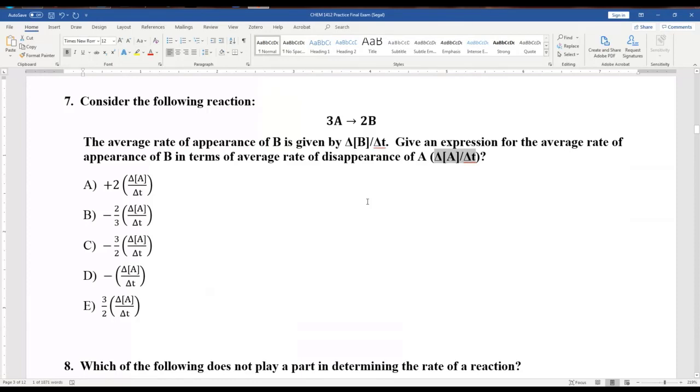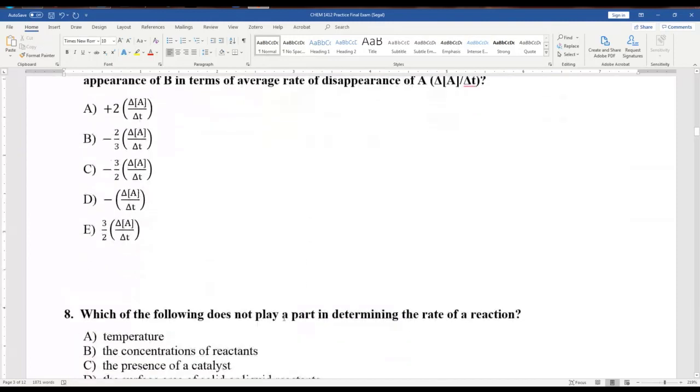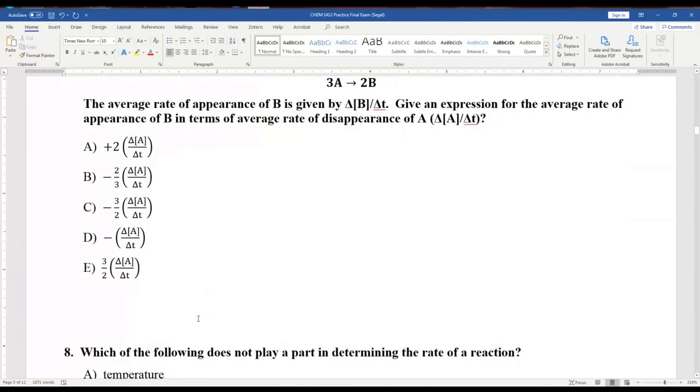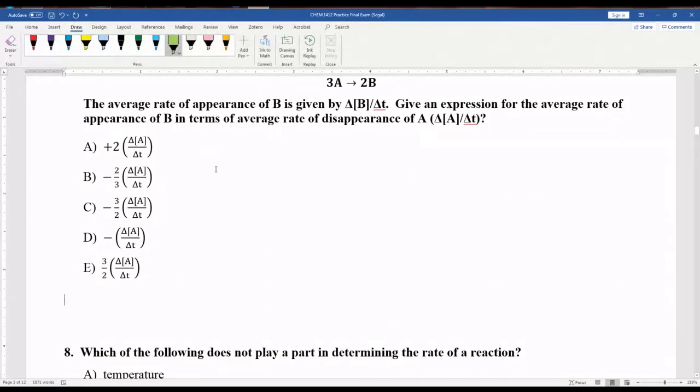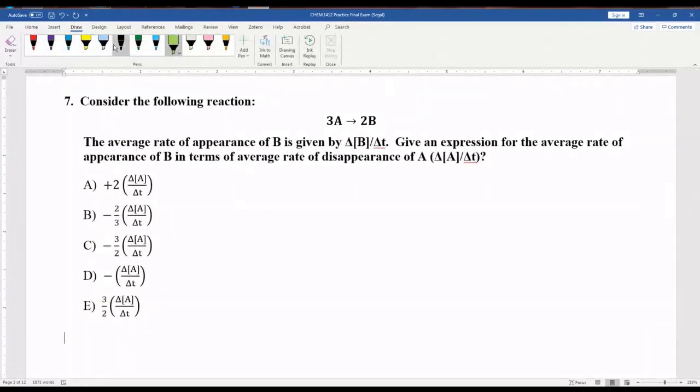So, in this particular case, we were to do the same thing. Actually, I think I'm going to draw because I think that'll be easier. So once again, do a rate expression for each one, and negative 1/3.